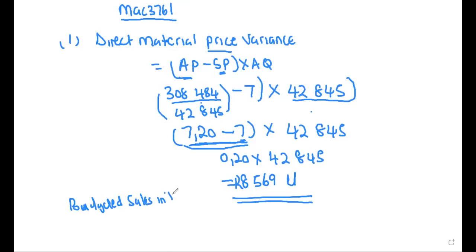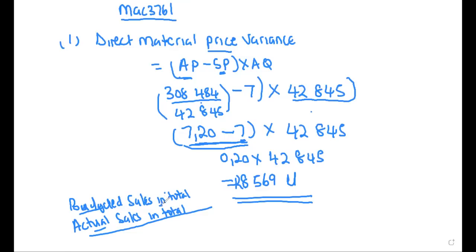and you are now given actual sales in total, you see here, you don't need anything per unit. You just find the difference between these two. You don't mind even about the quantity. You already have the figures.